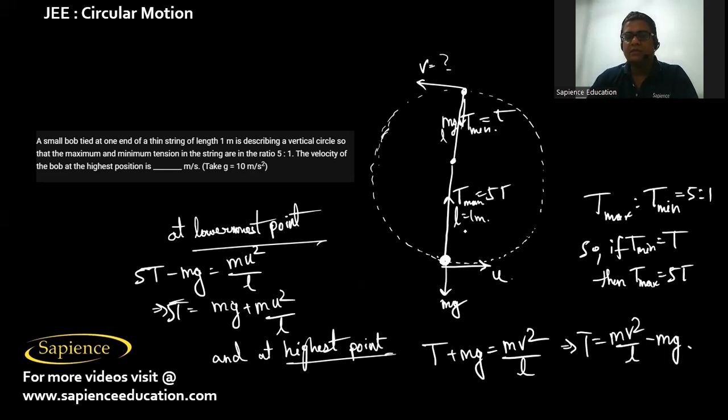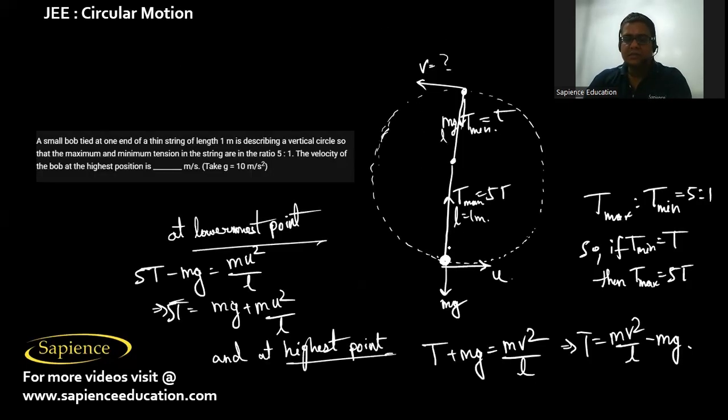And also we can apply the conservation of mechanical energy. So we can say that half mv square plus mg into 2L is equal to half mu square.